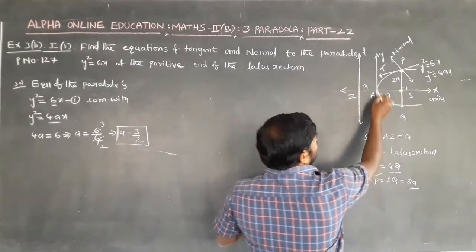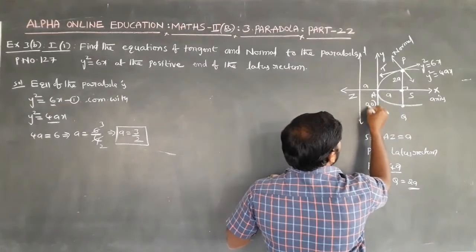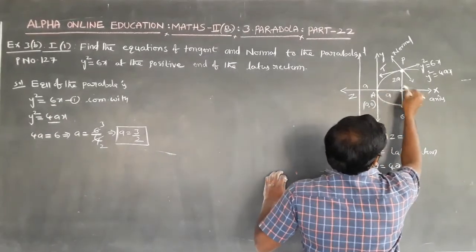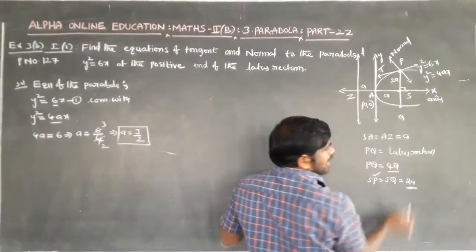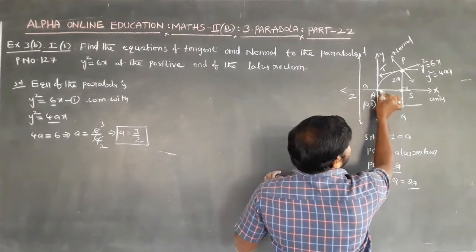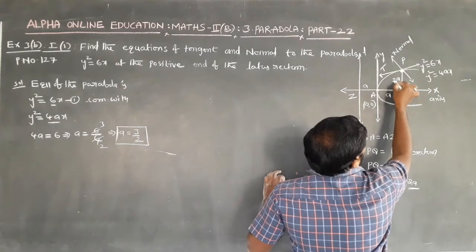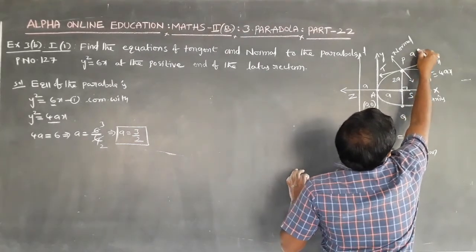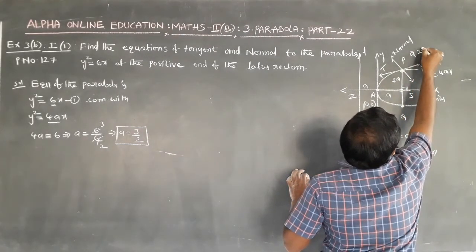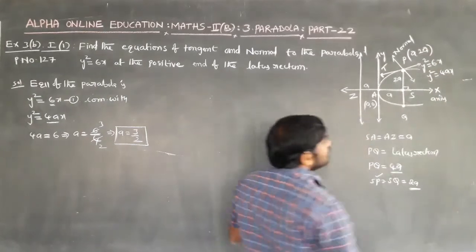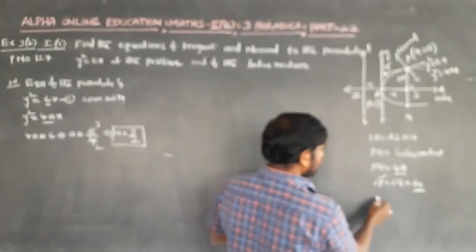Observe here, A is the origin. This is the x-axis, this is the y-axis. SA is equal to a, SP is equal to 2a. So the coordinates of the point P are a comma 2a.